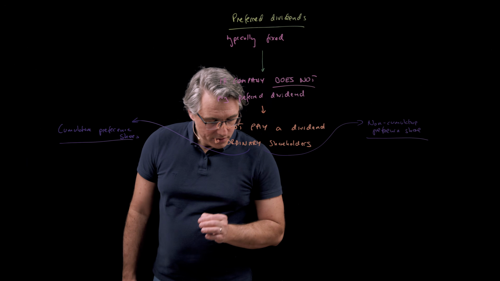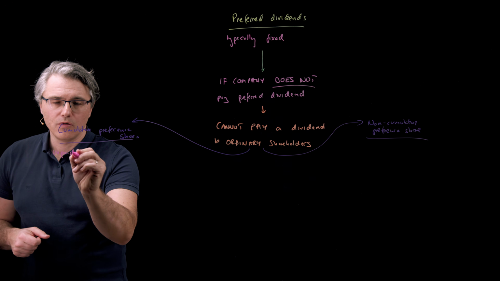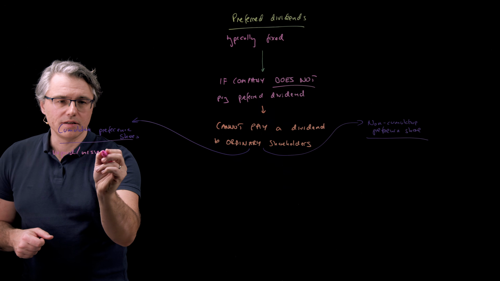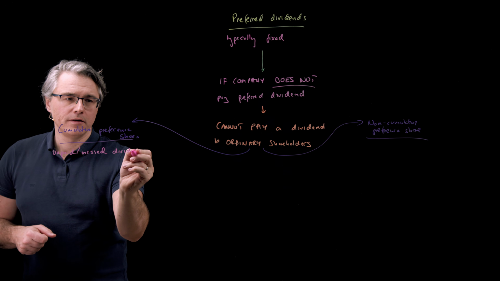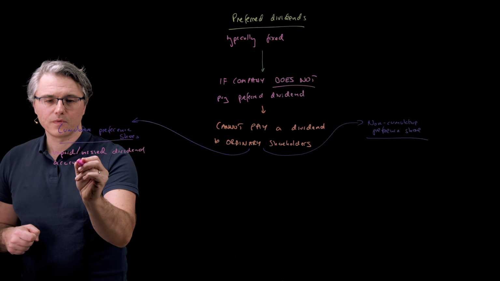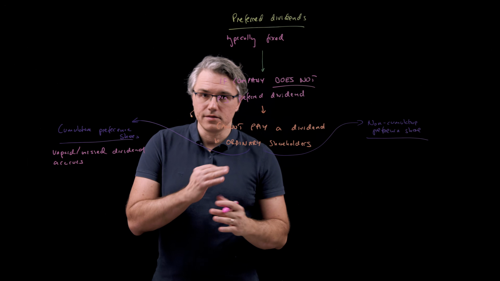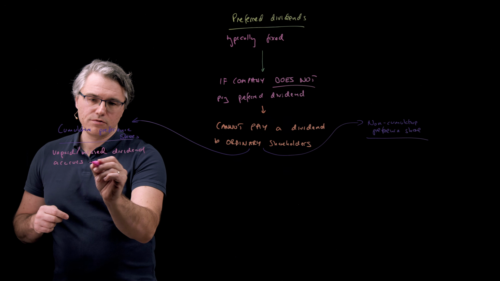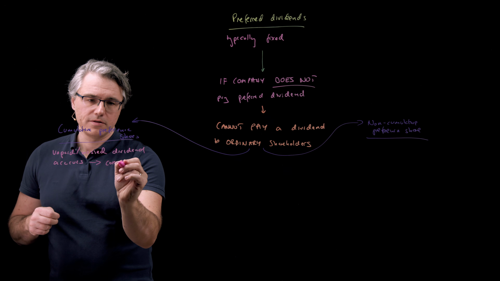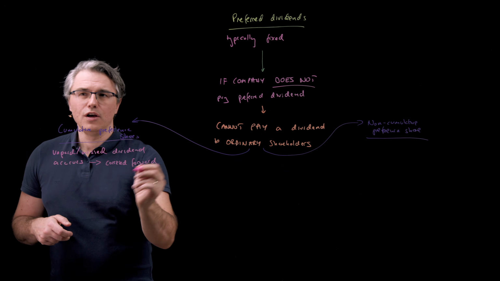Cumulative preference shares cause the unpaid or missed dividend to accrue. Unpaid or missed dividend accrues. It accumulates. It doesn't get in any sort of way cancelled, so it accrues and gets carried forward into the future.